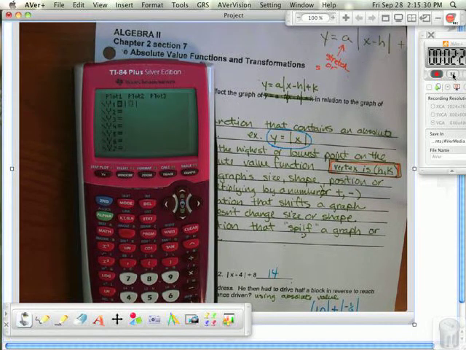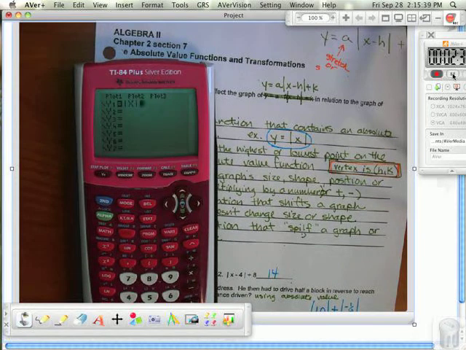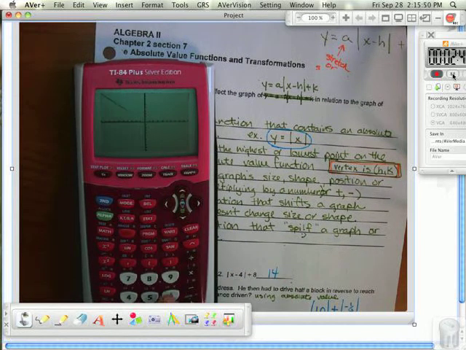You might have ABS and a parenthesis. It's fine. You still put X in, and then arrow out of it. You have to close your parentheses. Are you good with that? Don't push graph yet. We want to all have the same graph. So push zoom 6. There you go. Standard graph.